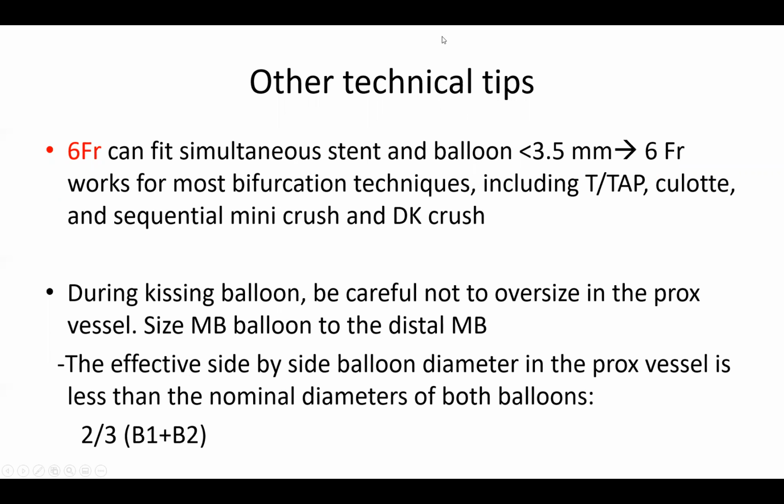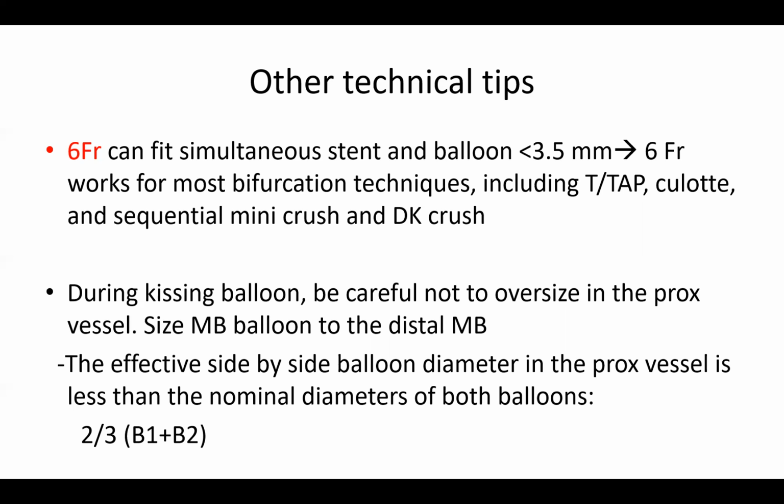I will try, in the time remaining, to explain some technical tips. One idea is what guide to use. That's a matter of debate. I prefer, 6 French is a very appropriate guide when you're doing simultaneous balloon, but it's also appropriate when you're doing simultaneous stent balloon, as long as the stent and the balloon are less than 3.5 millimeter.